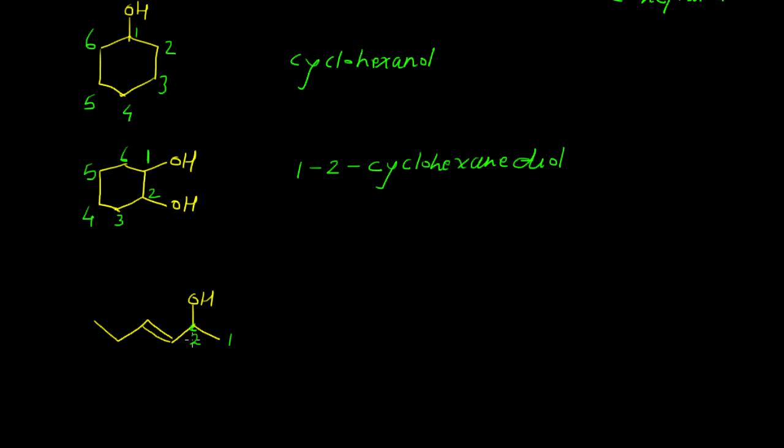So this will become 1, 2, 3, 4, 5 and 6. While giving the IUPAC name, we have to take precaution that we have a carbon-carbon double bond, and that number should reflect in the IUPAC name. So we must write 3-hexene. Now we have OH at position number 2, so this will become 2-ol.